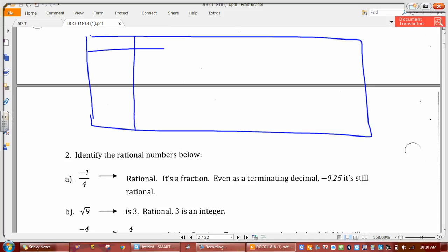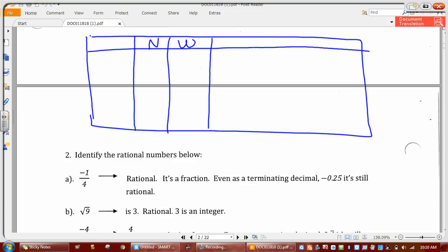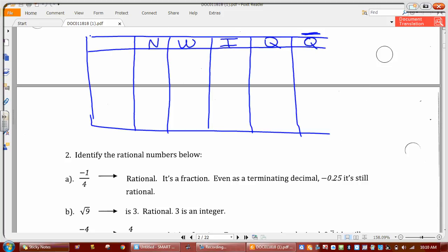So we've got natural, whole, integer, rational, and irrational is a Q with a line on top, a negative sign. And then there's an R, real numbers. But we're not going to put the R on the end because everything's a real number, right? So we would be ticking all of them. So we're going to put 3 numbers up here.